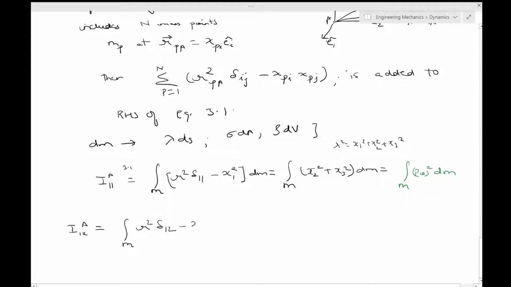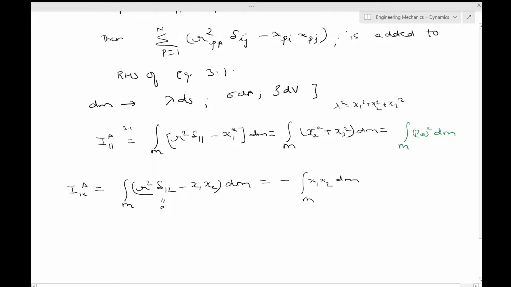That should give us x1 x2 dm, and as you know, delta 12 is equal to 0, so we have minus x1 x2 dm. Now the third component would be I13. You have to keep on proceeding like this, put i equal to 1, j equal to 3, and so on. For all the 9 terms, one would proceed like this.